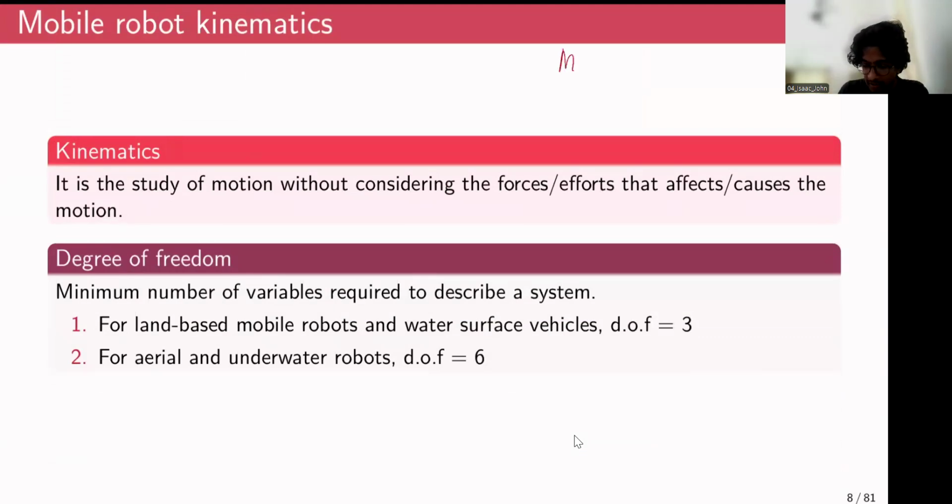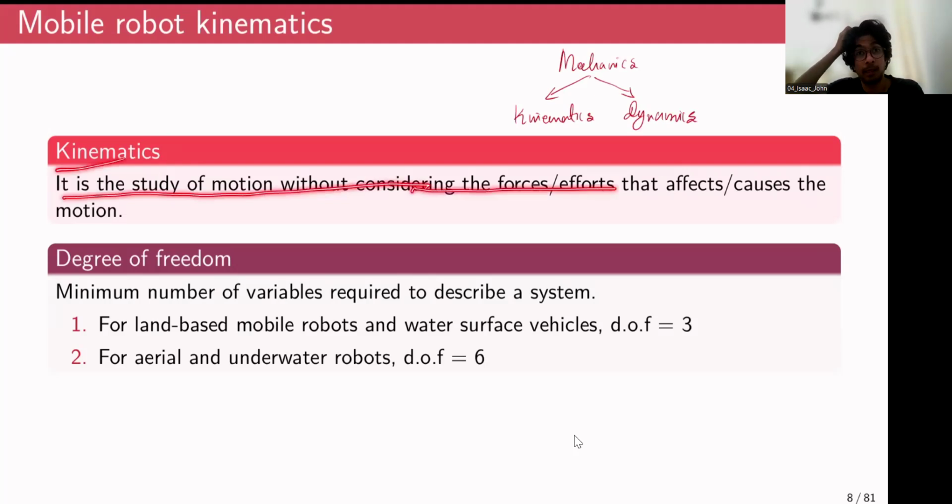Basically, mechanics of a robotic system consists of two topics. The first topic is called kinematics, and the second important topic is called dynamics. In kinematics, we only study the motion without considering the forces that cause the motion, right?